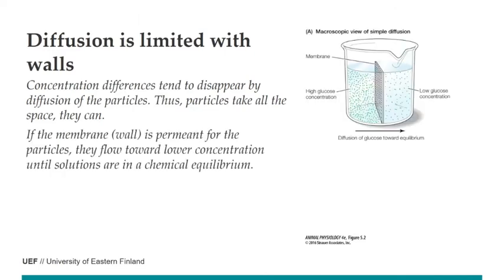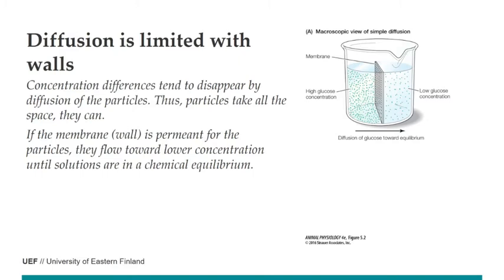And if we have a membrane that is permeable to particles, the flow will go toward the lower concentration, and these solutions are in chemical equilibrium, which means that the flows from left to right and right to left are happening all the time, but at the same rate.